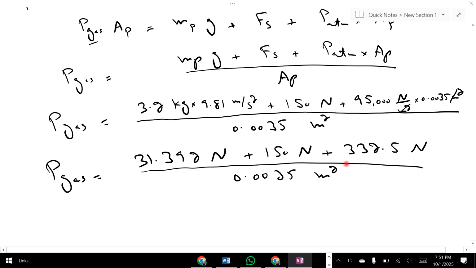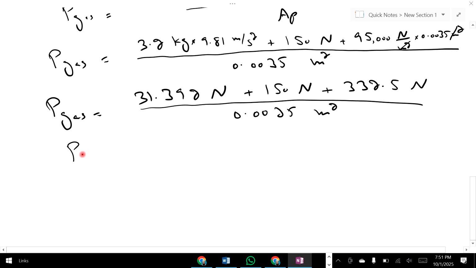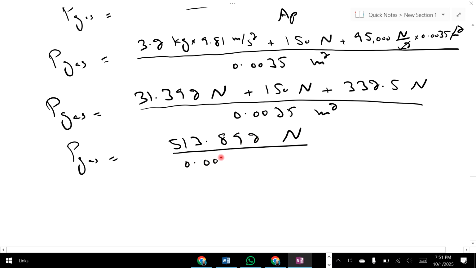Now we further simplify this. If I add these three values, pressure of gas is equal to 31.392 plus 150 plus 332.5, which is 513.892 Newton divided by 0.0035 square meter.